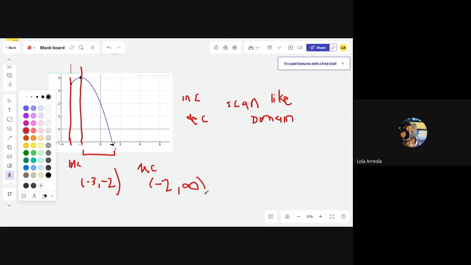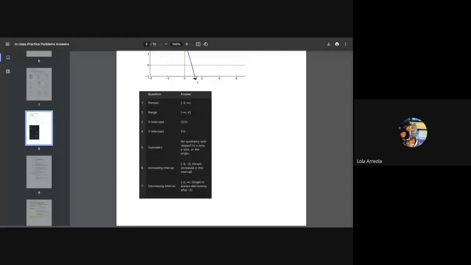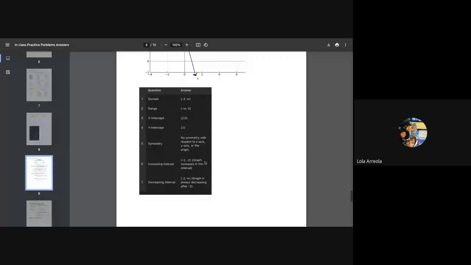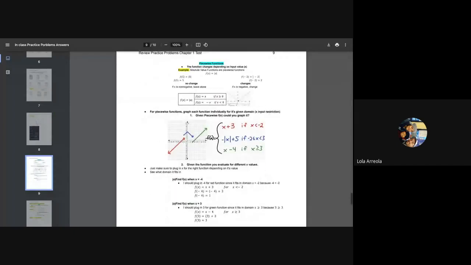Pretty straightforward. I just have to remember when I'm scanning for increase and decrease, I'm scanning like I scan the domain, I'm looking in terms of x. So when x is between -3 and -2, I'm increasing. And when x is -2 to infinity, I'm decreasing.